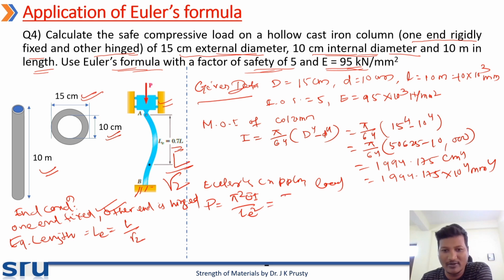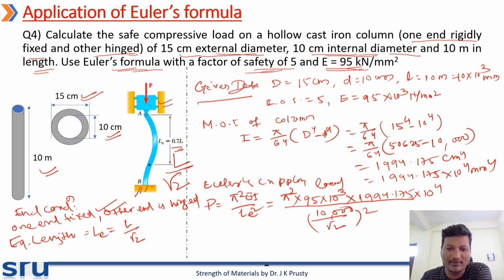So now put the values: pi square into E, which is 95 into 10 to the power 3, into I, which we have calculated, 1994.175 into 10 to the power 4, divided by L_e, which is 10,000 divided by root 2, whole square.